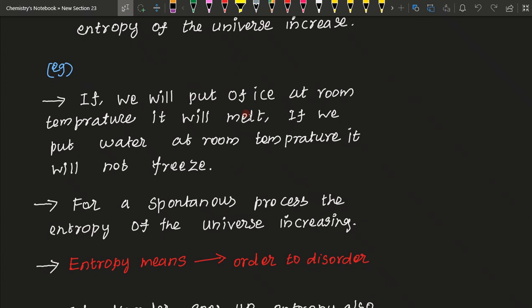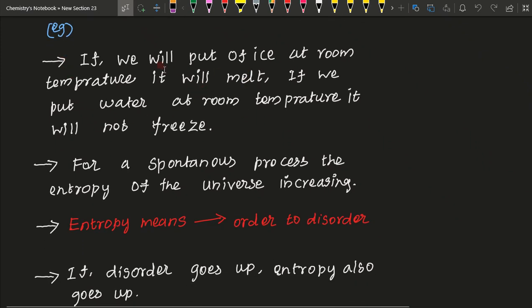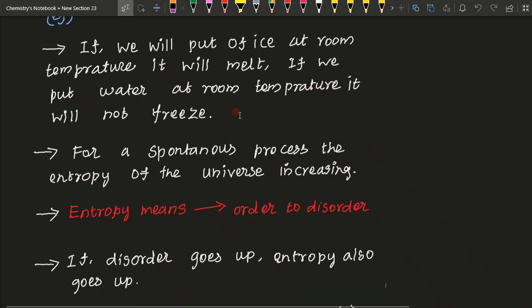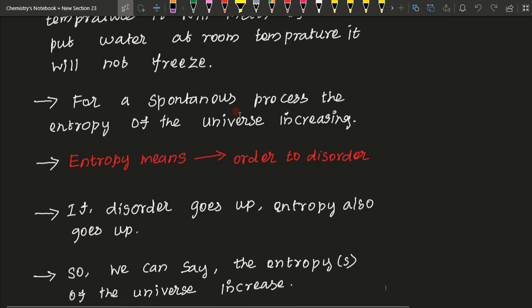If we put water at room temperature, it will not freeze. This is entropy. Entropy means order to disorder. For a spontaneous process, the entropy of the universe is increasing.